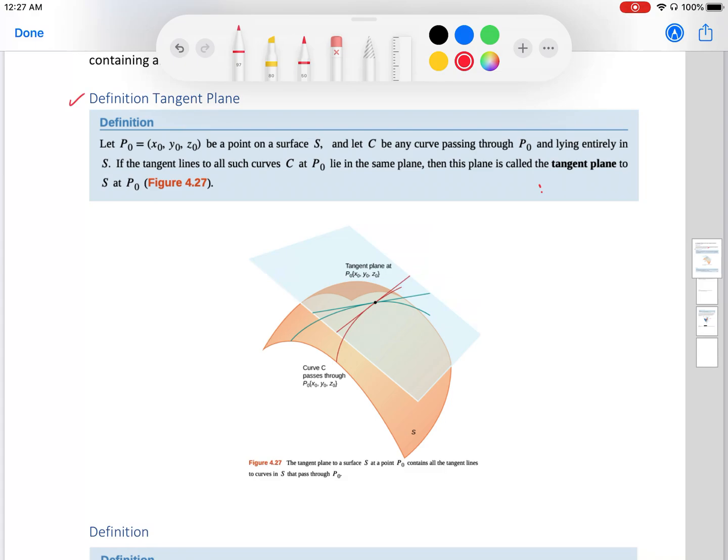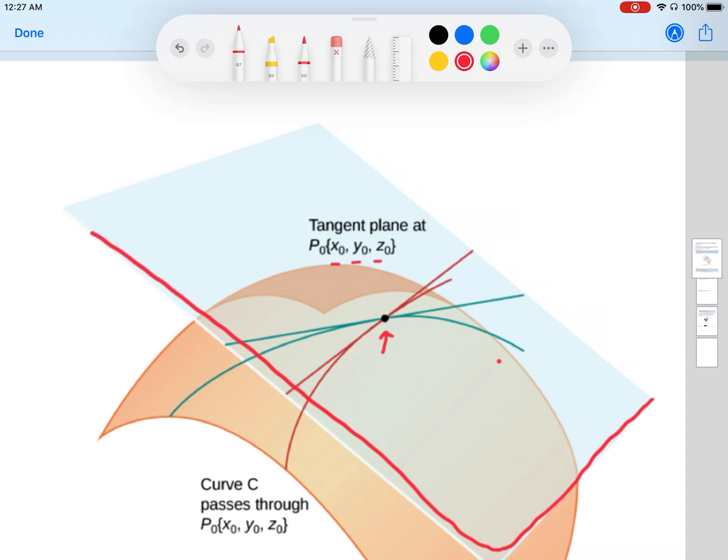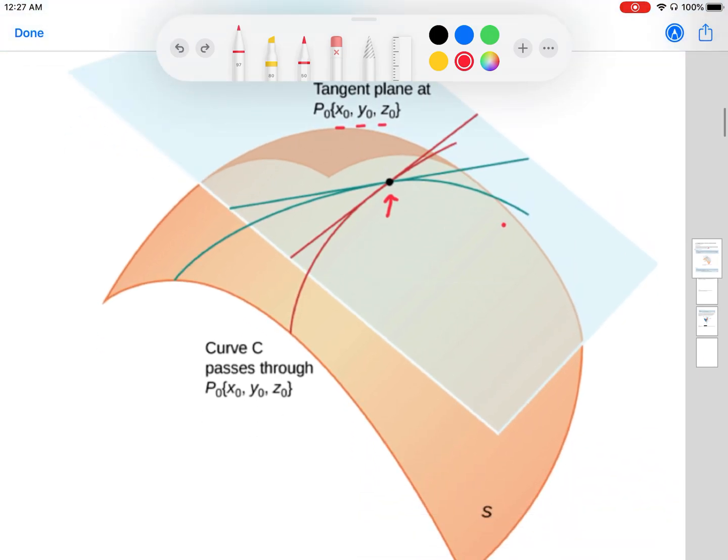Here we see some specific point, which may vary from your problem, and at this point we can create a tangent plane, which is this sheet right here. And there we see we have our curve C.